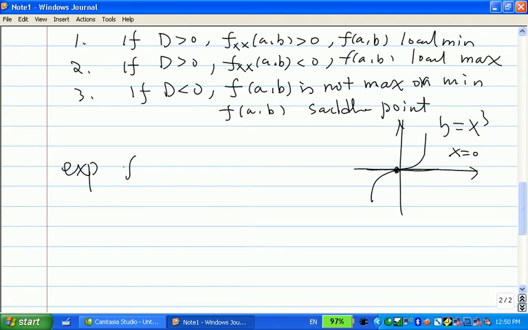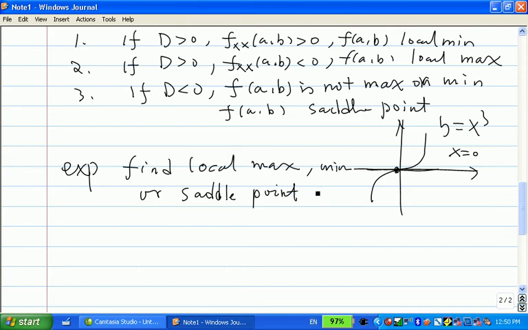Okay, now let's look at an example. Now we want to find the local maximum, minimum, or saddle point for this function, f(x,y) equals x to the fourth plus y to the fourth minus 4xy plus 1.